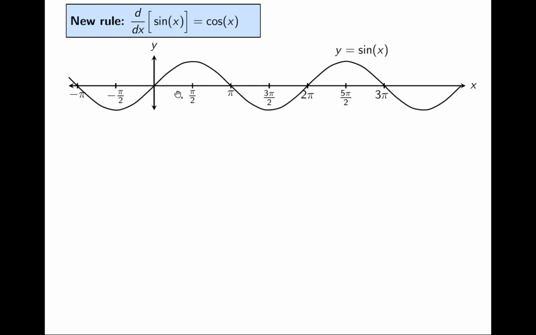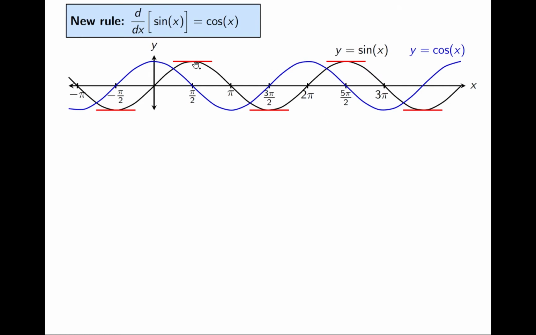Let's think about what this new rule is saying geometrically. Here's the graph of y equals sine of x. And we just figured out that the derivative of sine of x is cosine of x. And let me plot this derivative cosine of x in blue. And I want to point out that this really makes sense when you think about it.